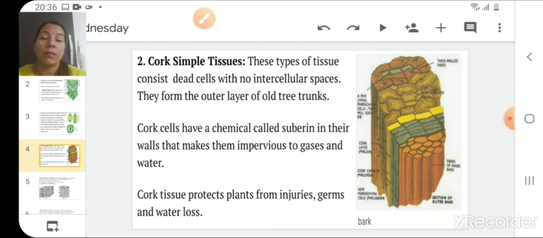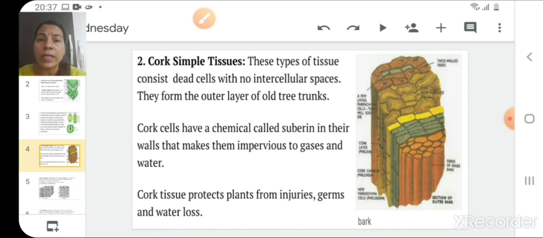Now the second protective tissue is cork. Cork simple tissue. This type of tissue consists of dead cells. Children, it is very important to note here that these cork cells are dead cells with no intercellular spaces in them. They form the outer layer of old tree trunks. You must have seen that in older trees the trunk becomes very heavy.